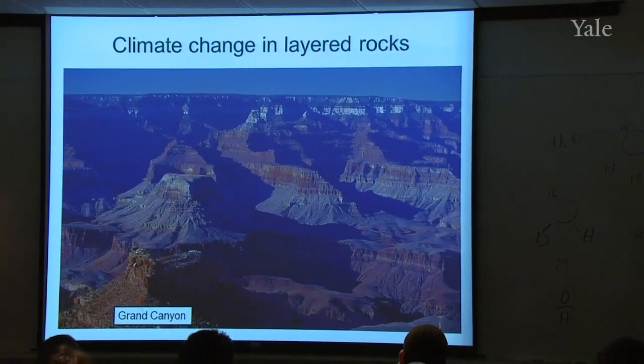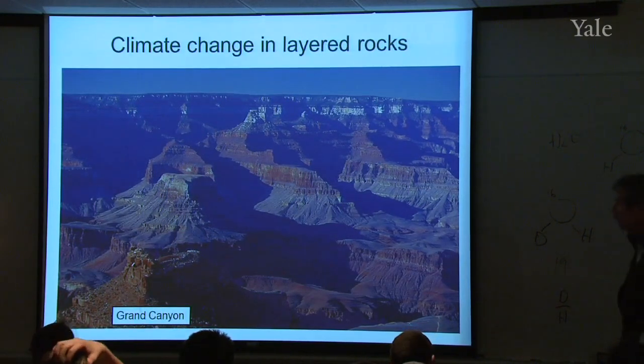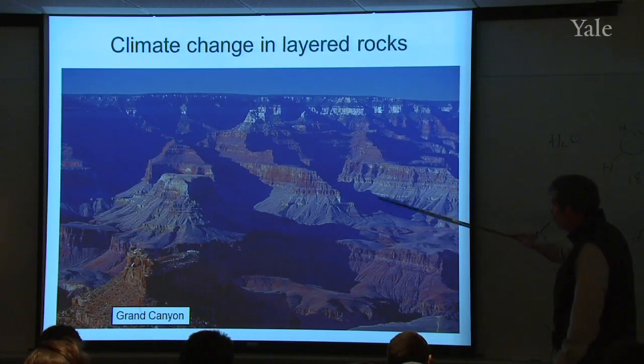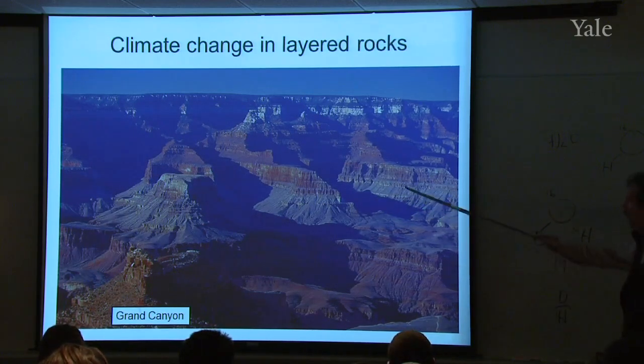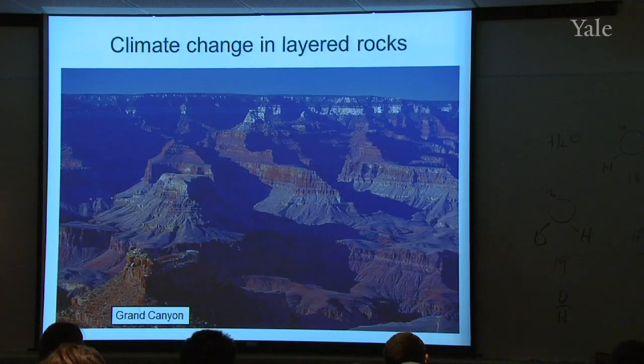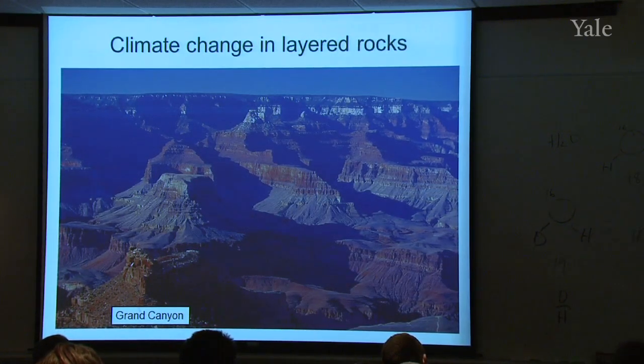How many have been to Grand Canyon? Well, you see something like this, and lots of layered rocks. And what you should be thinking of when you see rocks like this is ancient climate change. These changes probably are telling us something about changes in the ancient climate of the Earth.